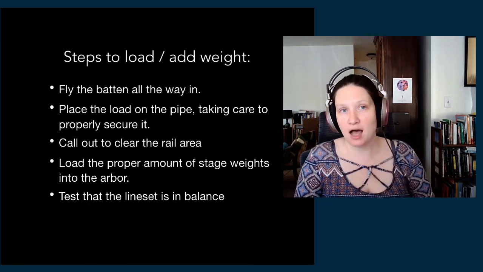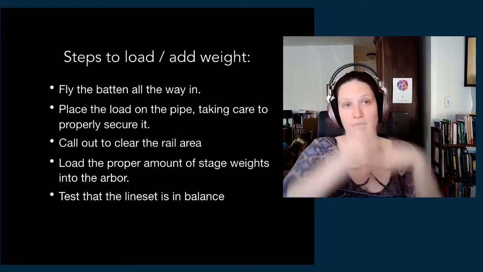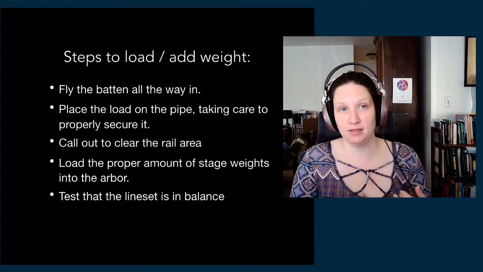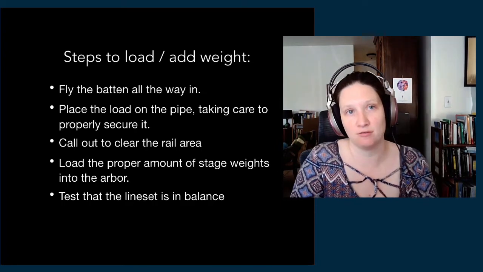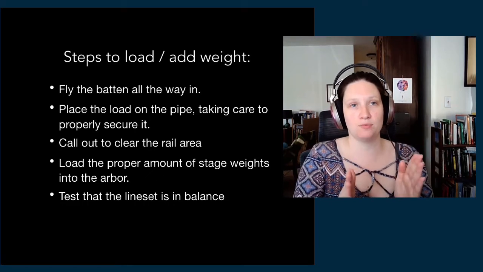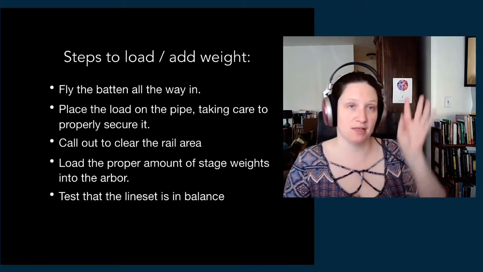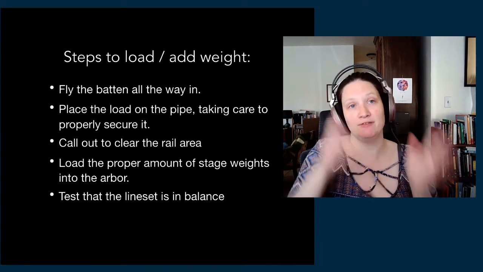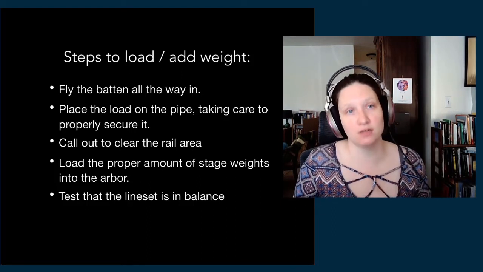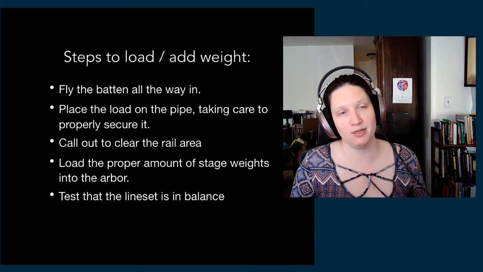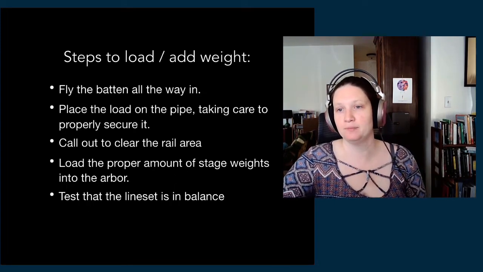So they will unlock the locking rail and they will check and see if pulling the rope that brings the batten in has the same amount of tension as pulling the rope that brings the batten out. And so those two ropes, if it is equal, if it is balanced, if it's the same amount of weight on the pipe as on the arbor, will move evenly by one person, right? If you're out of balance in some way, you'll know immediately because it'll be super heavy. You'll be lifting that additional weight or that amount of weight that's out of balance, okay?